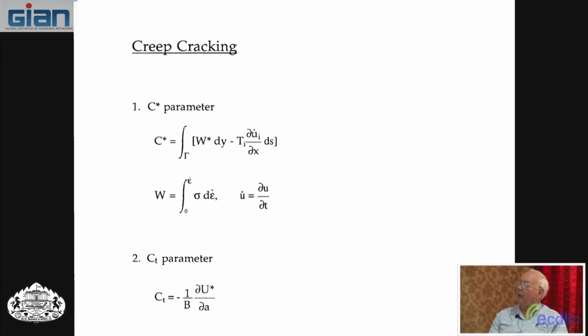Now, a creep cracking parameter was developed, which is analogous to the J integral. This is exactly like the J integral, except this is called the C star parameter. The strain energy density is replaced by strain energy density rate.